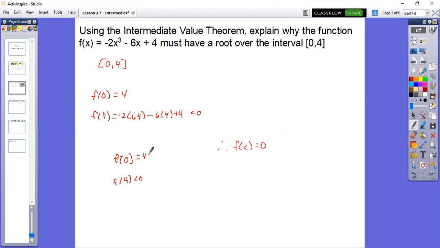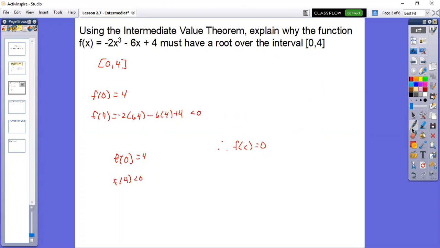Because the intermediate value theorem tells me that I'll hit every single value between 4 and whatever this number is that's less than 0. Since this number is less than 0, at some point, the value of my function has to be 0. So there's some point where f of c equals 0. Does that make sense? If it doesn't, you can come to me with questions in class.